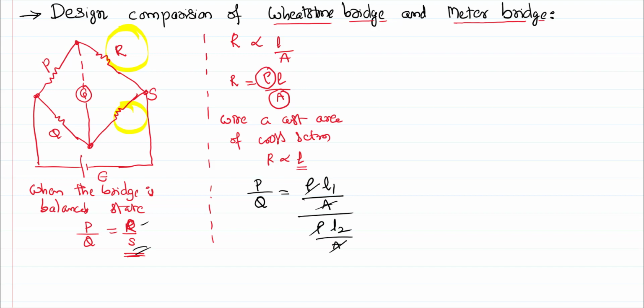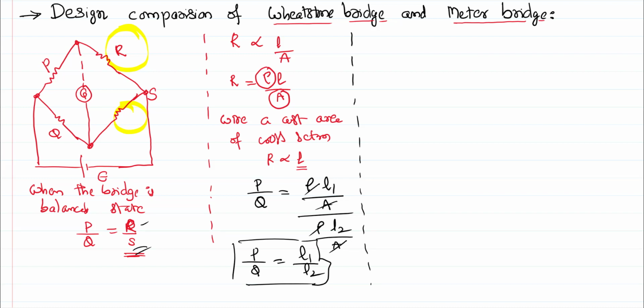So this can be cancelled, and we can write the formula P by Q is equal to L1 by L2. Measuring lengths is much simpler and more comfortable than measuring resistances. So the meter bridge is a practical and simplified version of the Wheatstone bridge.